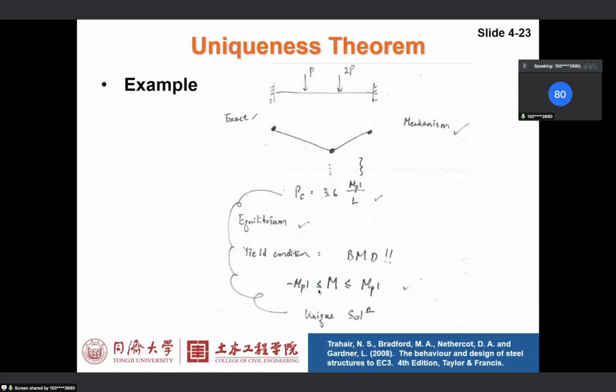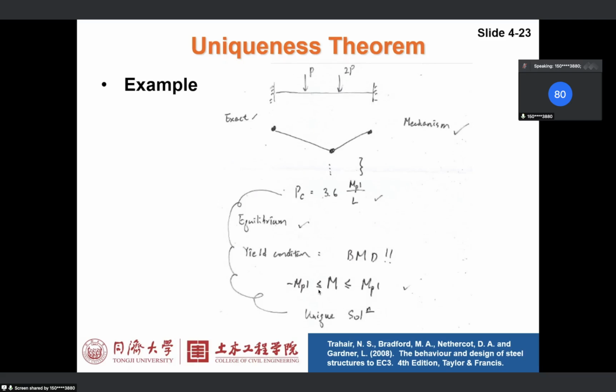So let's make a short conclusion. If you select the right plastic hinge locations, and then you get PC based on the kinematic analysis method, and then you draw the bending moment diagram, you will find that the yield condition is satisfied, and then you confirm that you get the unique answer.